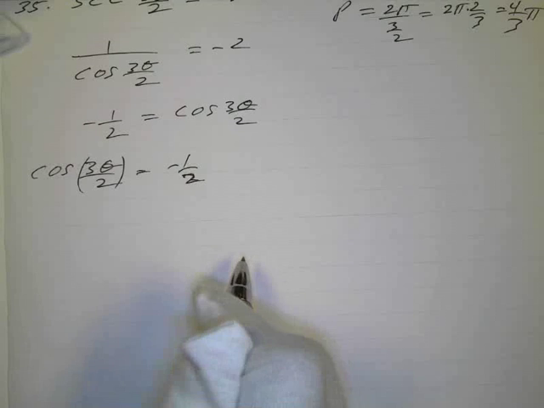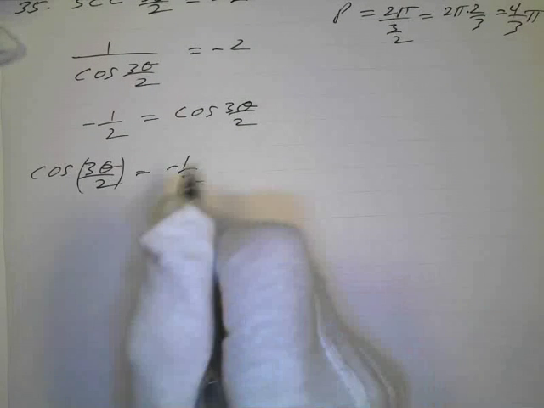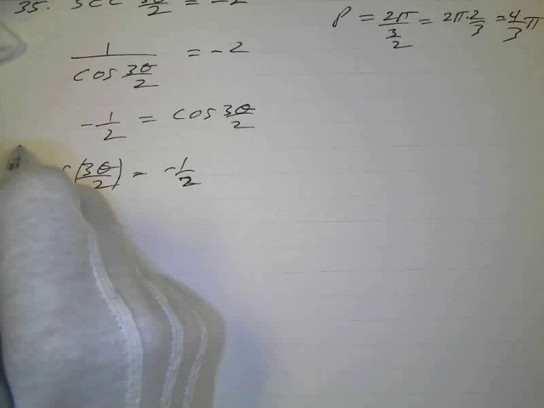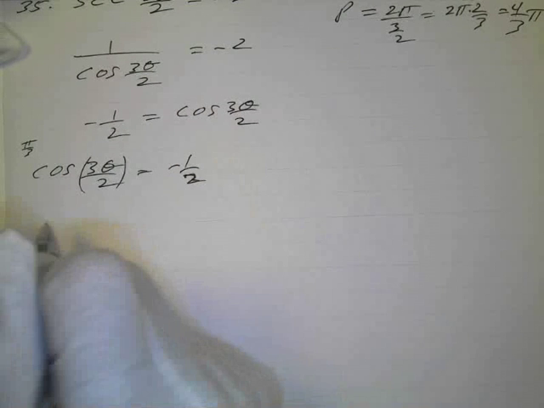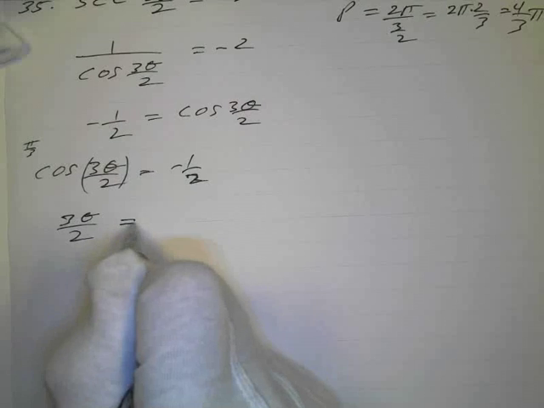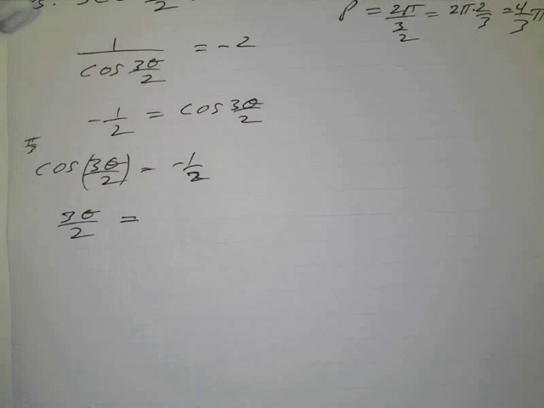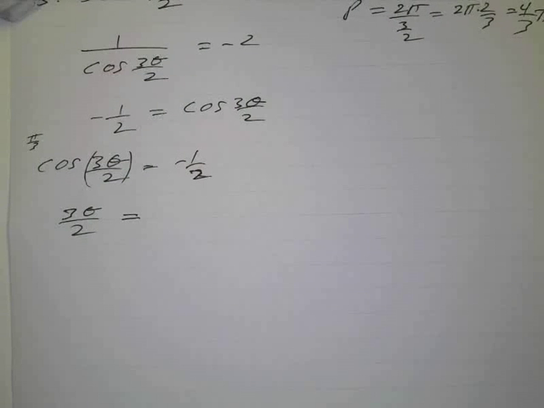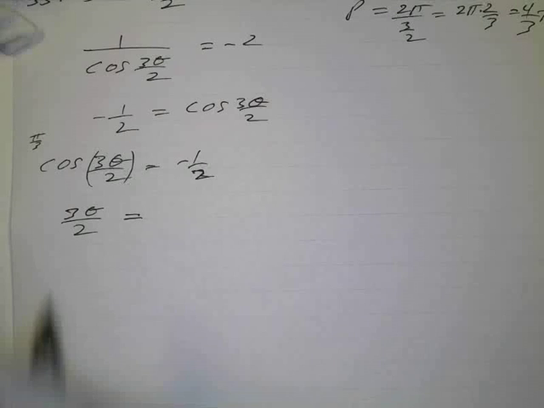Now we got two possibilities. Remember, if the cosine of something equals -1/2, the cosine of pi over 3 is +1/2, so this is going to be the negative. So this is going to be 3 theta over 2 will equal, and the cosine of what is -1/2, well, it's going to be whatever is in the negative quadrants for the cosine, which would actually be quadrant 2 and quadrant 3.